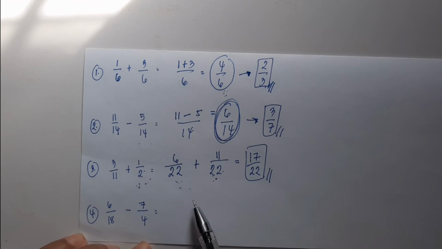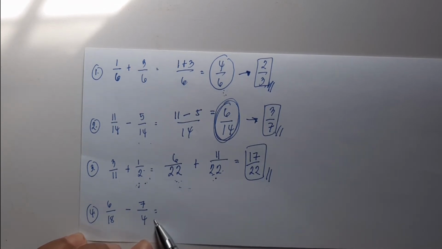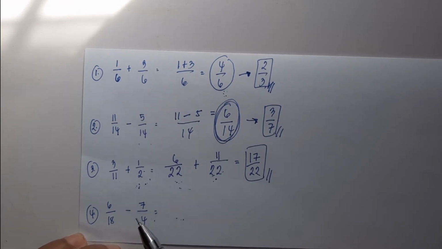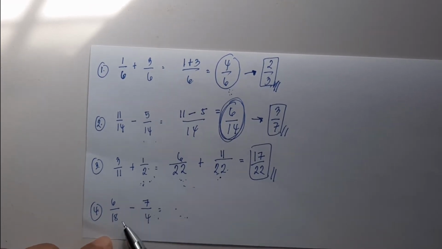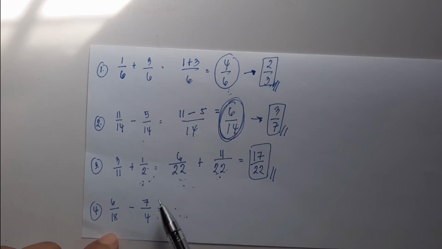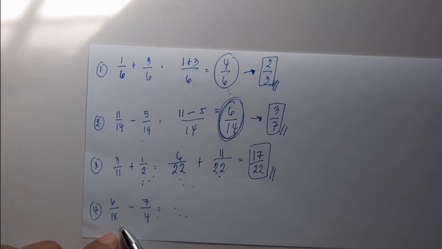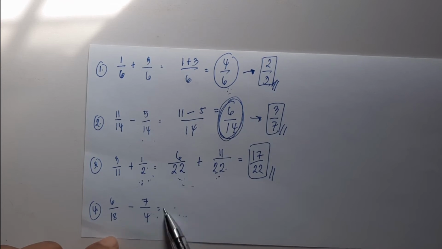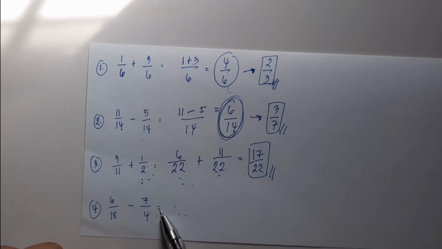But make sure, diba, I remind you that when looking at dissimilar fractions, you would also check those fractions if they can be simplified right away to make it easier for you to add or subtract. Say for example in number 4, 6 over 18, 7 over 4. Diba they are dissimilar fractions? Right. So, are there fractions na pwede ma-simplify?